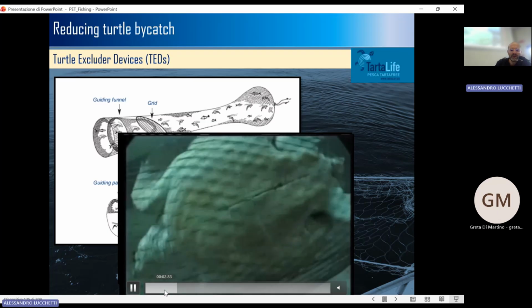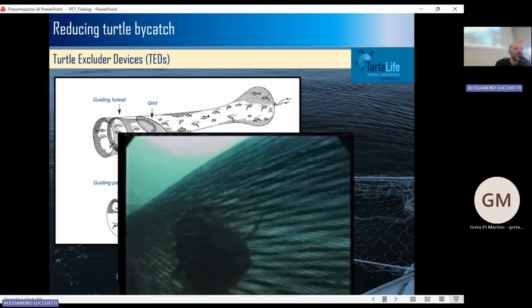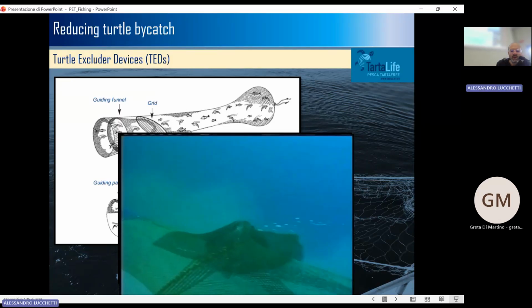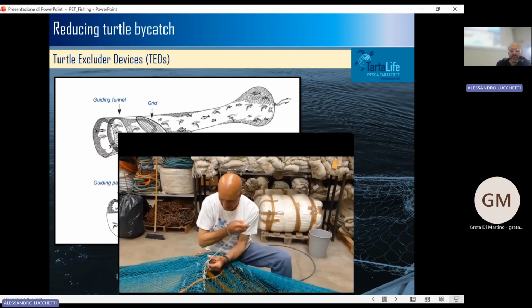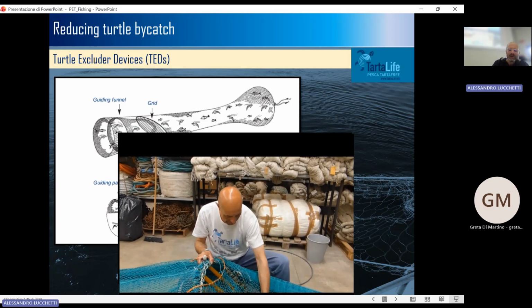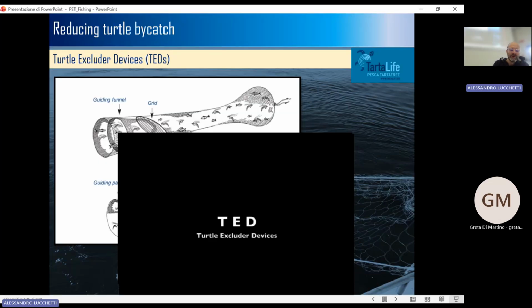This is an old video. They simply take a turtle, put the turtle inside the trawl, and try to see if the grid works well. They use divers. They take the turtles and another trip inside the net. We cannot perform such a type of experiment in Italy, absolutely.